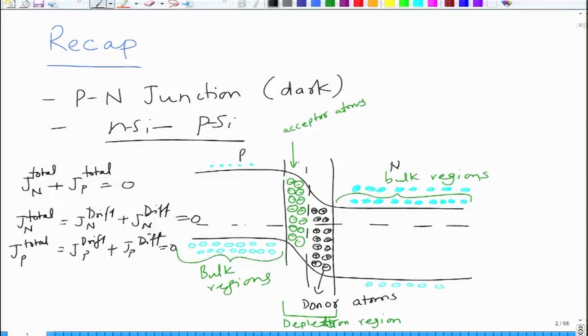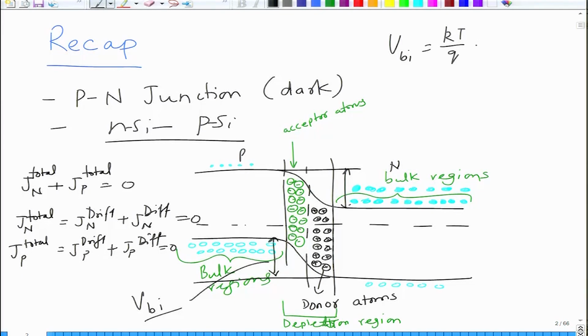Any more migration of electrons and holes is not possible, because you have a built-in electric field, and this is called VBI. As we saw last time, this VBI was determined by equating the Fermi levels on both sides, and this VBI turns out to be kT by q ln of Na Nd divided by Ni squared.